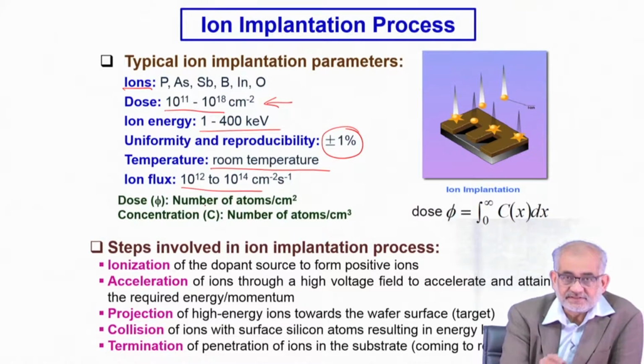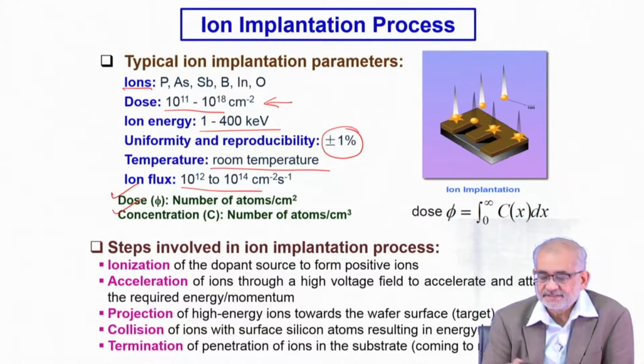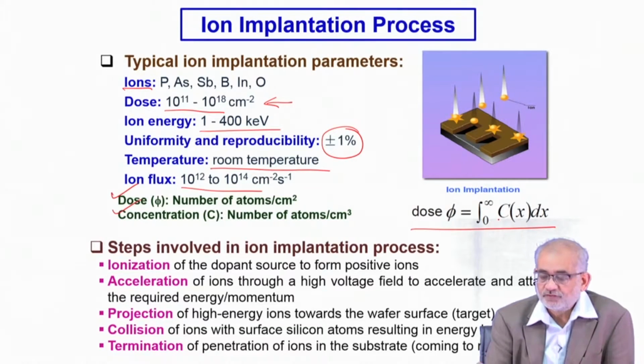In this process, the two important factors are the dose, the number of atoms or ions per centimeter square, and the concentration, the total number of atoms per centimeter cube, the overall compositional index. Typically the dose would be the integration of the concentration of that particular species over a period of time.